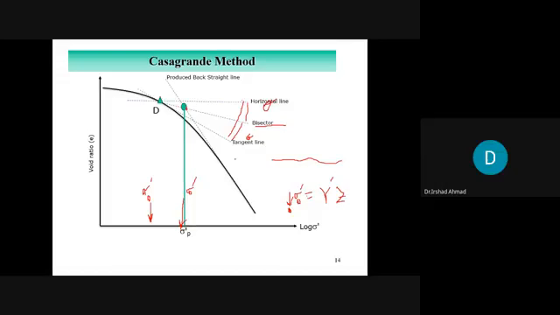So when the stress is more than sigma p prime, you see here, if you reach here, that's linear because this stress is greater than the sigma p prime. As long as the applied stress is less than the sigma p prime, you will have a curved part, and then you will have a linear part.